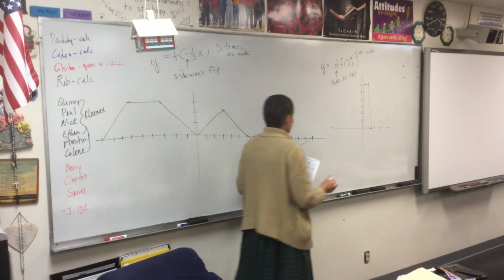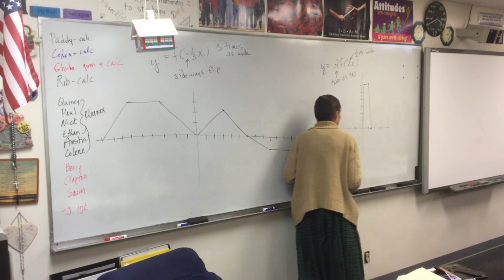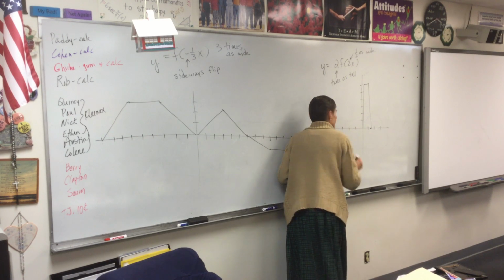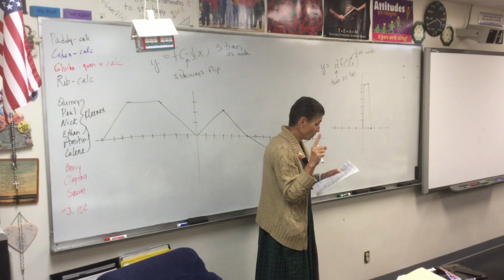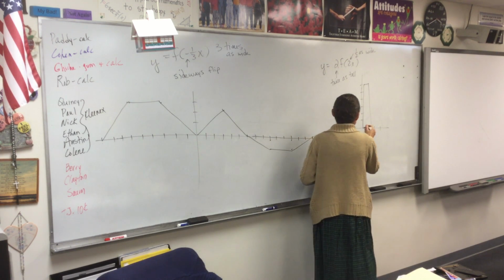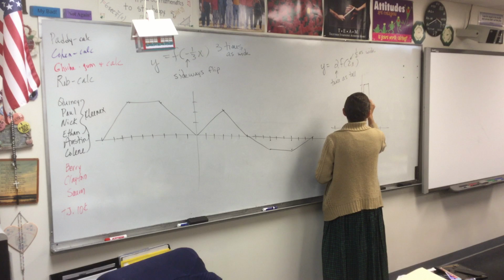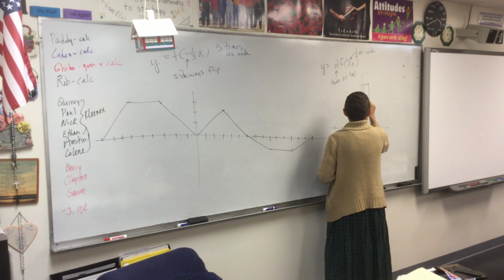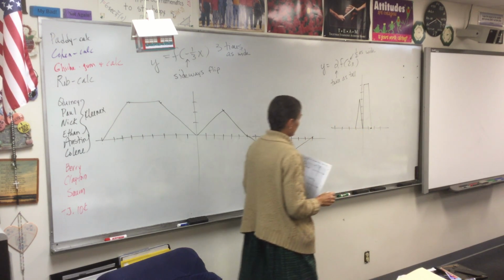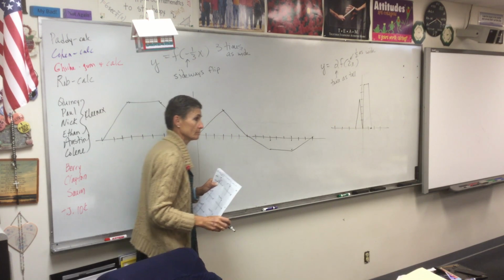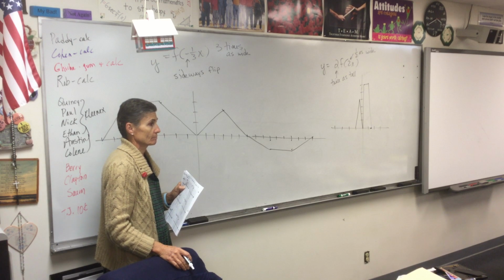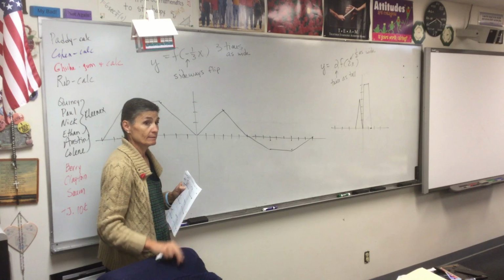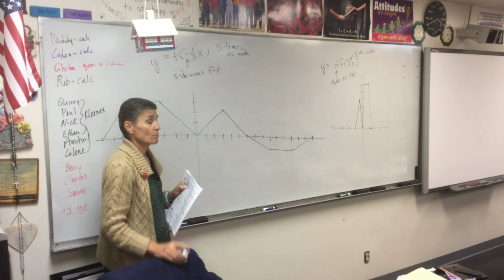Now what about my triangle? He was 2 wide, so now he'll only be 1 wide, and he goes all the way up to 4. So there's my tall, skinny triangle. Remember, I'm doing both of these at once. If you need to do them in steps, that's perfectly okay.